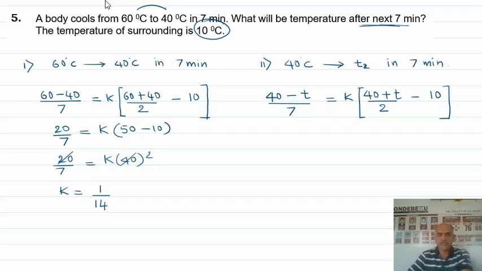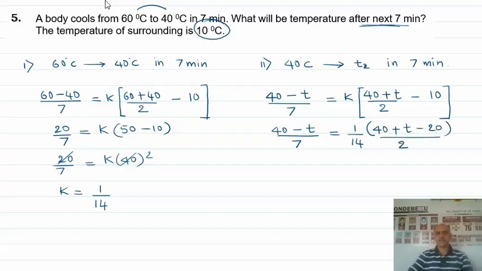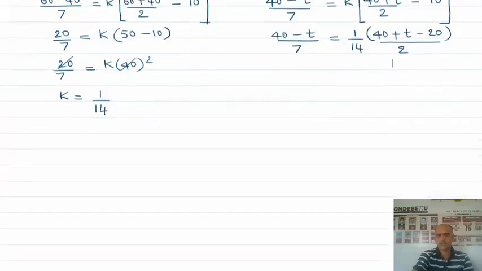Substituting the K value, 1 by 14, and taking the LCM, 40 plus t minus 20 whole divided by 2. Clear? Now simplify, you will get the value of t.